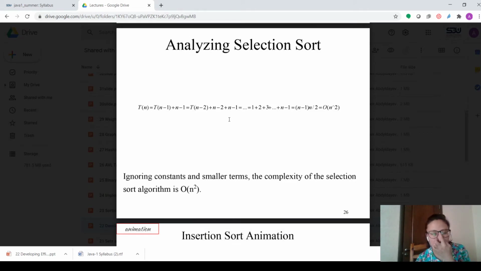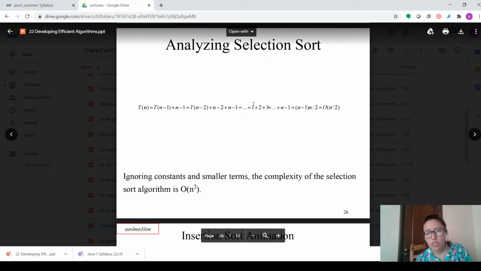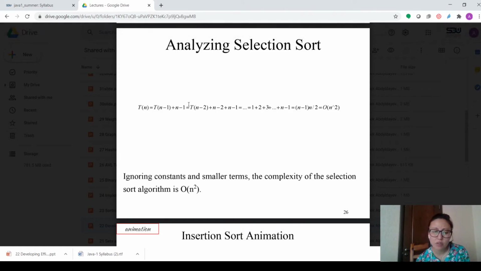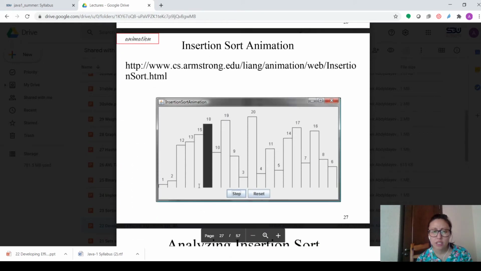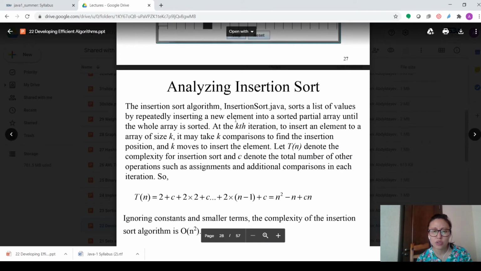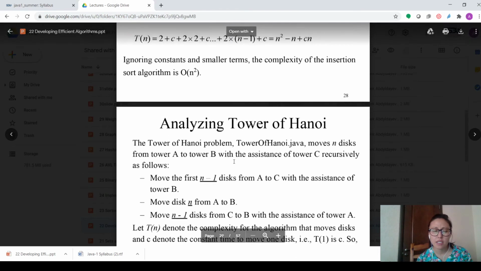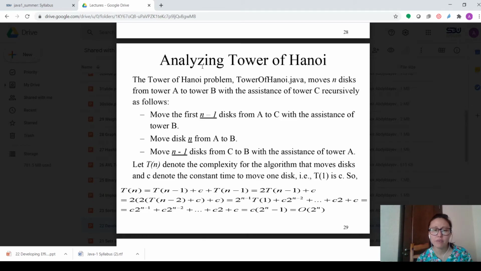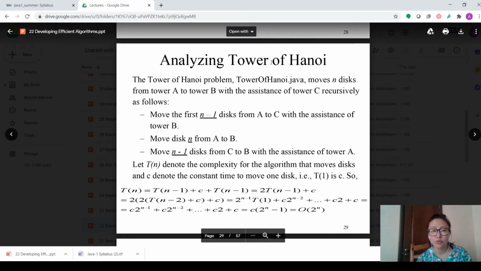Here is the analysis of selection sort. Here is the insertion sort analysis, which is also O(n^2). Here we have the analysis of Tower of Hanoi.